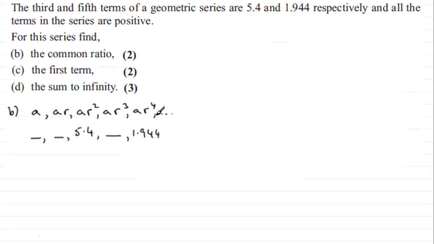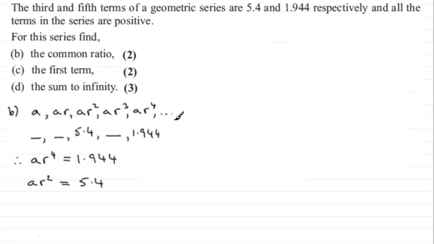So in order to find the common ratio here, we know that the fifth term is 1.944, so I'm going to write that therefore ar to the power 4 equals 1.944, and the third term, ar squared, is equal to 5.4.